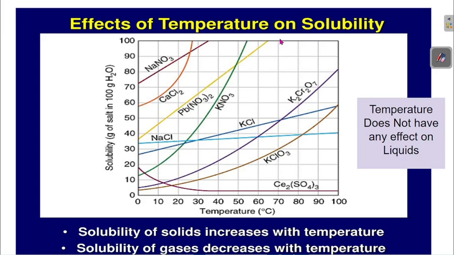Those are atoms or particles or whatever molecules you have, whatever gas you have. I mean, it could be oxygen, it could be carbon dioxide, whatever you have there. So by giving it more energy, you make it harder for that liquid to attract the gas in. The gas is trying to get away. More energy, more freedom, more movement. Okay? So it's going to be decreasing the solubility of that gas in that liquid. That temperature affects gases in reverse to solids. Okay?